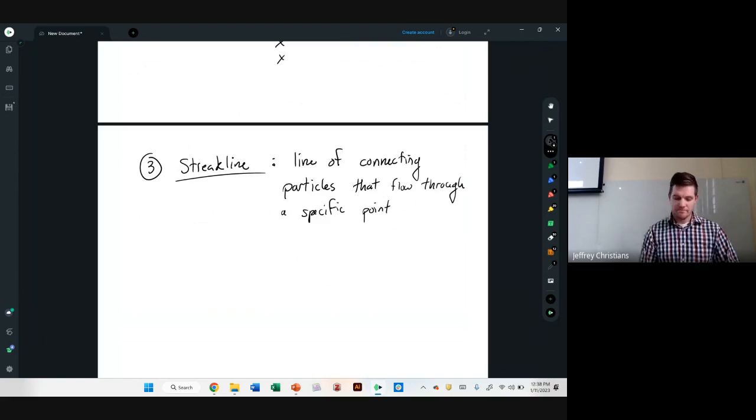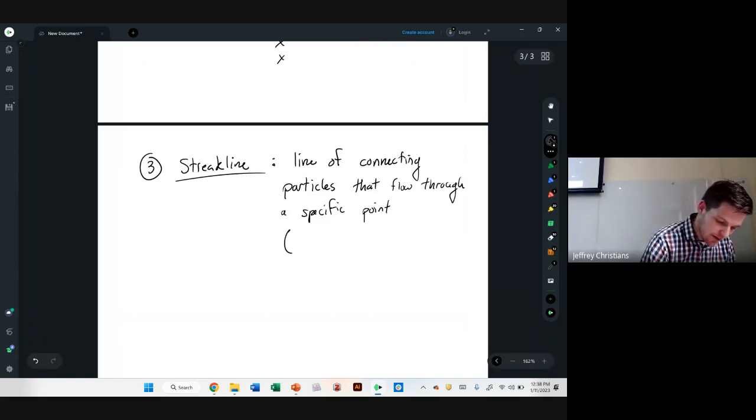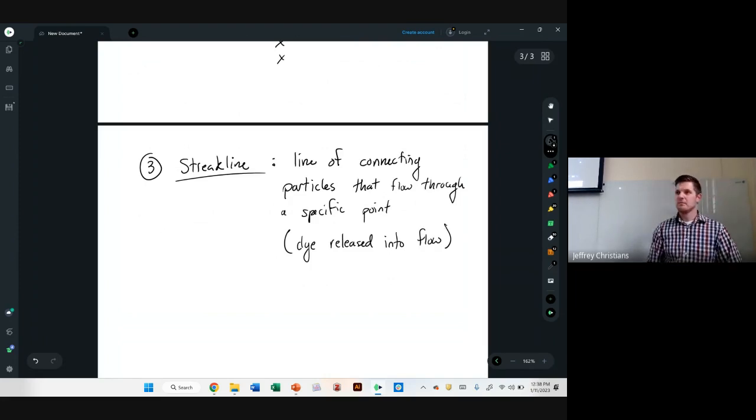The classic example for this is when we watch dye being released into the flow. It's all being released at the same point, and you see it wherever that fluid ends up traveling. And if there are changes in the flow, then maybe it ends up going a different direction at some point.